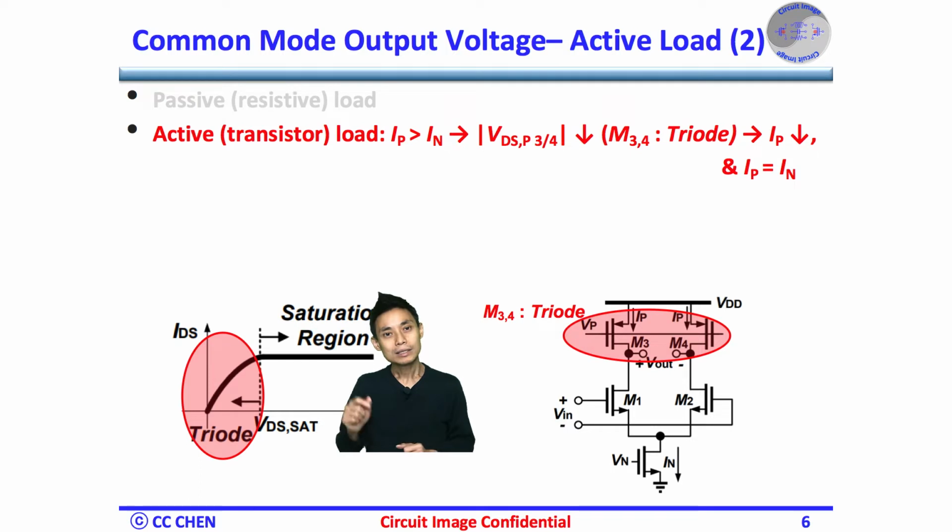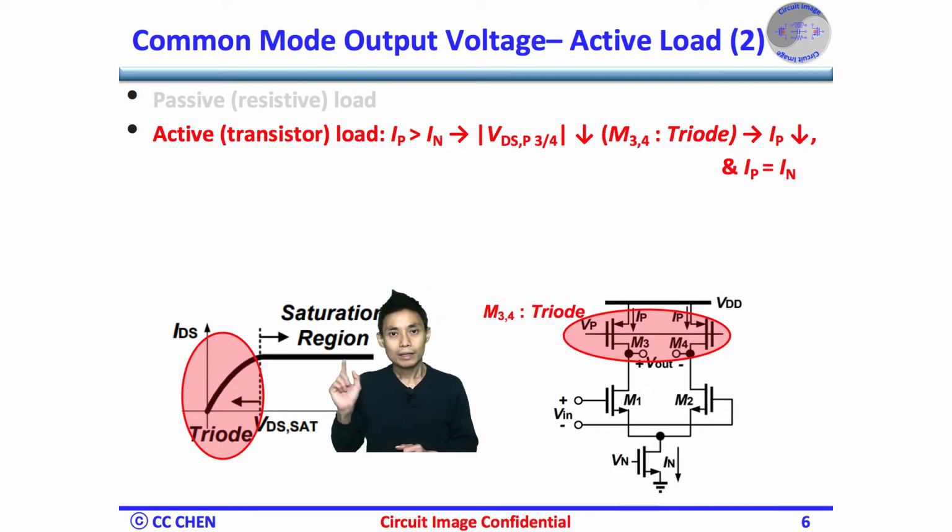What's happening in the IP current negative feedback loop is that the output common mode voltage will shift up, and then the VDS of the M34 will be decreased and push the M34 into the triode region.